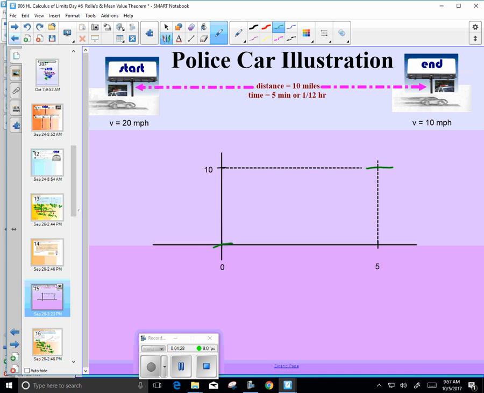Let's say a car is going 20 miles per hour at point A and 10 miles per hour at point B. We don't know what happens in between, but what we do know is the police can say, hey, this guy started at this time and he got to you 5 minutes later. So if the t is 5 minutes later and the distance is 10 miles, what had to happen?